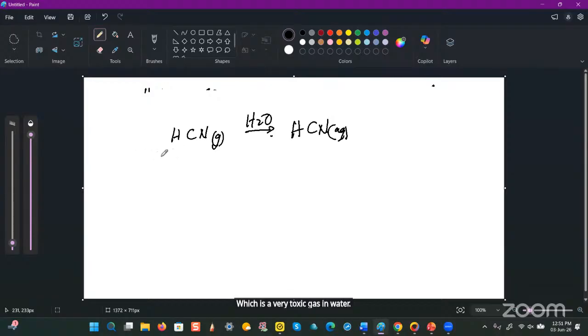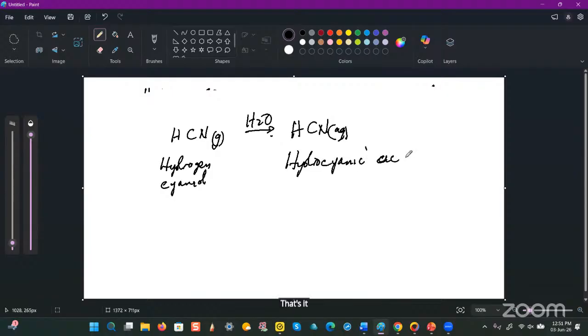Since this is called hydrogen cyanide, the name of this acid is hydrocyanic acid. That's a bit of a unique situation, because it's not an oxyacid and it's not a binary acid.